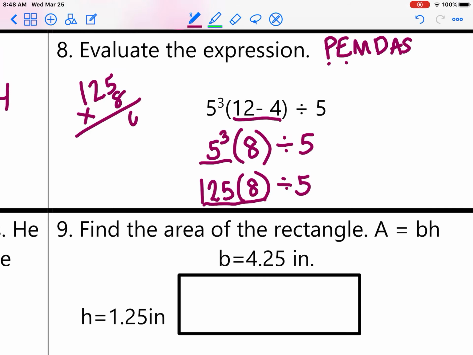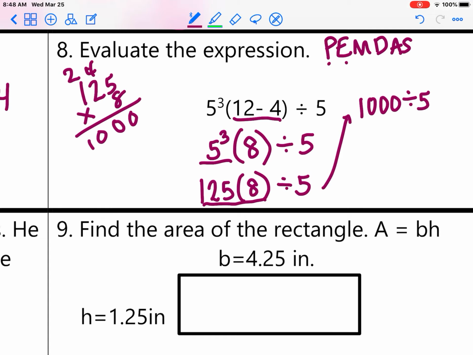I don't know that in my head. So 8 times 5 is 40. 8 times 2 is 16 plus 4 is 20. And 8 times 1 is 8 plus 2 is 10. So this is, I'm going to move up here because I've run out of room. This is 1,000 divided by 5 now.